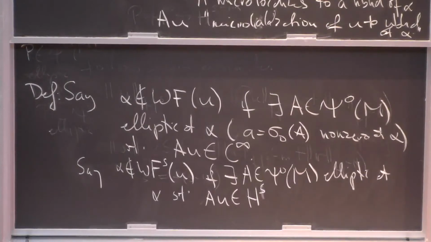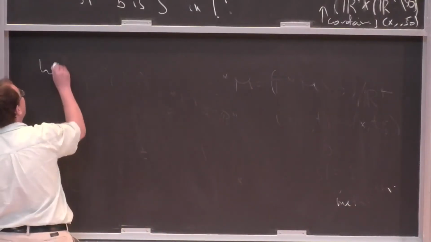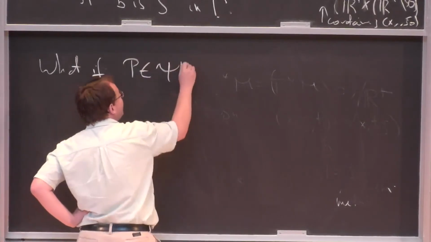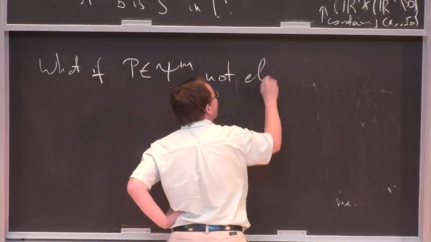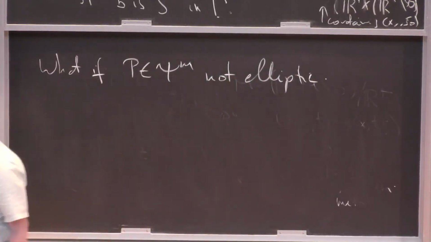All right, so given this, we want to talk about what happens if you have a P that's not elliptic. We want to think a bit like algebraic geometers. You have something that's not completely nice, so you want degrees of niceness.